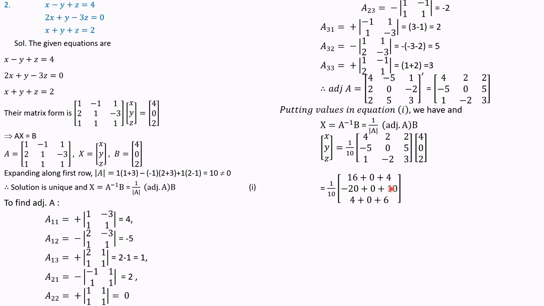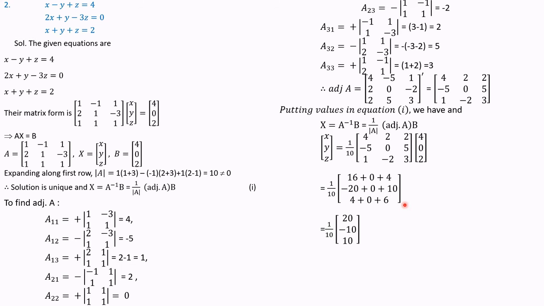Then the second row into the column: minus 5 into 4 is minus 20, 0 into 0 is 0, 5 into 2 is 10. So we get minus 10. Then the third row: 1 into 4 is 4, minus 2 into 0 is 0, 3 into 2 is 6. So we get a total of 10.